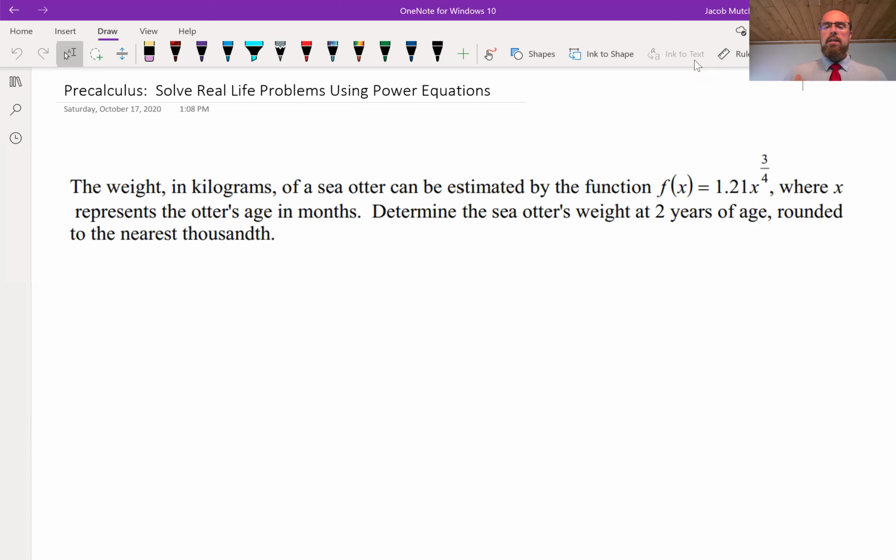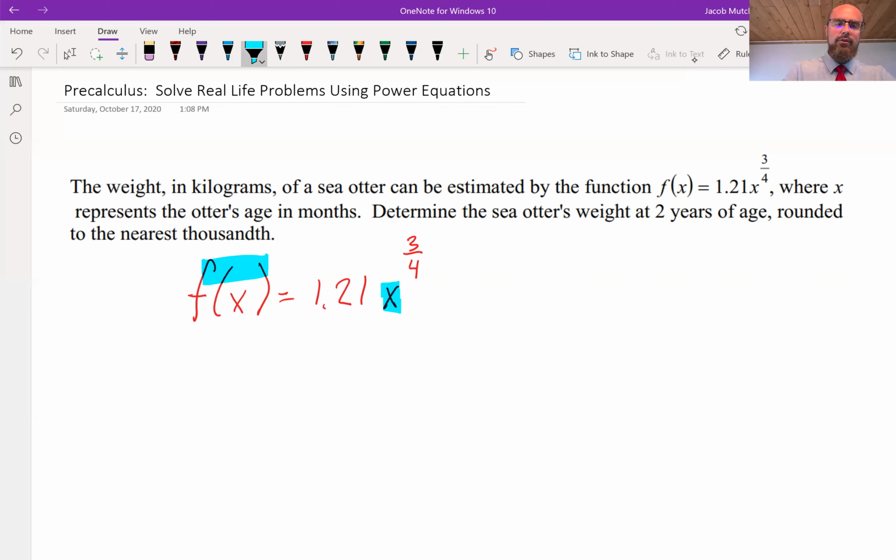So what we need to decide first of all is that given this function f of x, let's go ahead and write it out, equals 1.21 x to the power of 3/4. Whether I have in my information in the paragraph a certain x value, a domain value, or a certain y value.